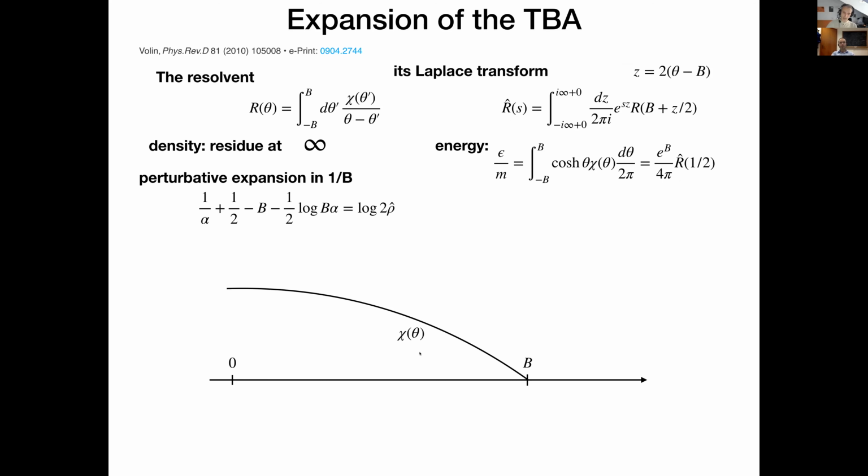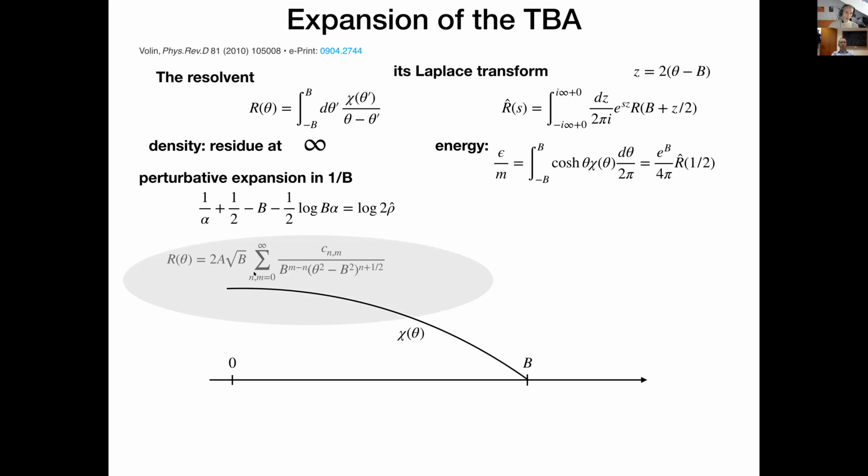So I have the density distribution of the particles, this chi of theta. And he suggested two expansions. One is an expansion of the resolvent near the origin.